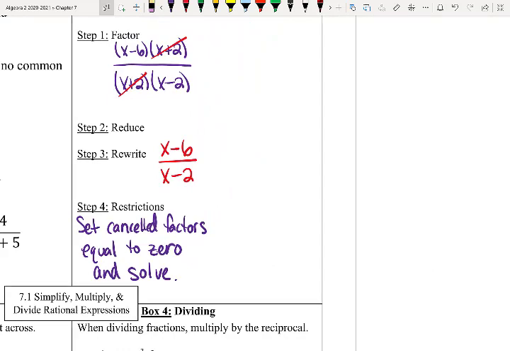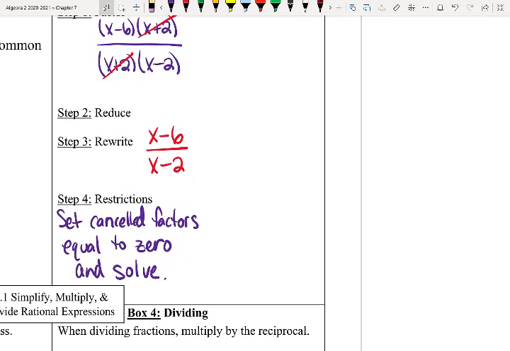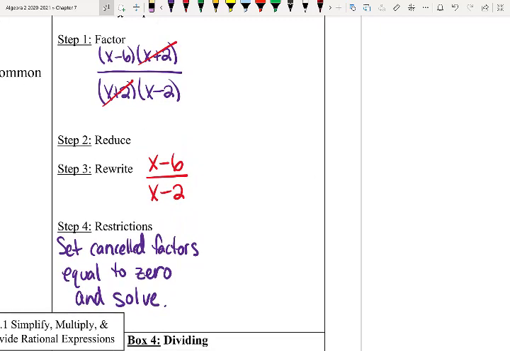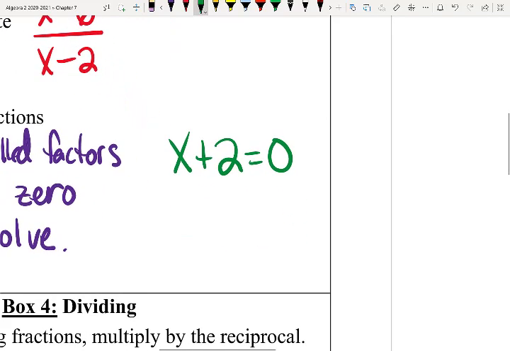So in this case, in step 1 for box 2, I canceled out an x plus 2. So this x plus 2 that I canceled out, if I set that equal to 0 and solve, that tells me that -2 was originally a restricted value.